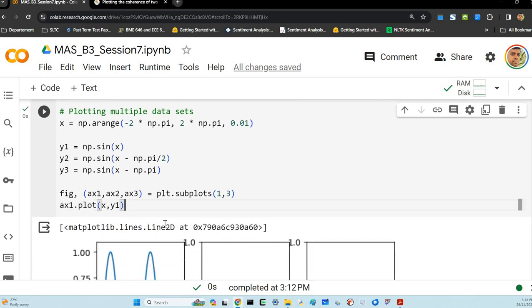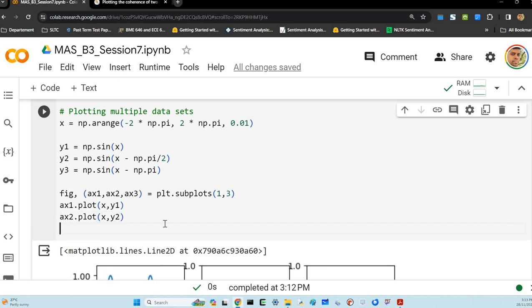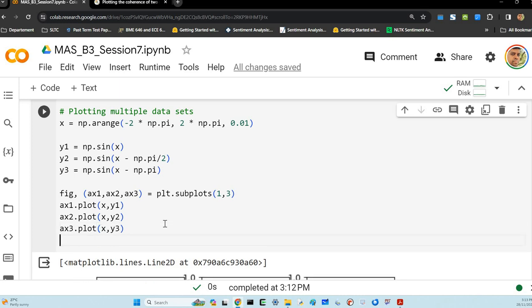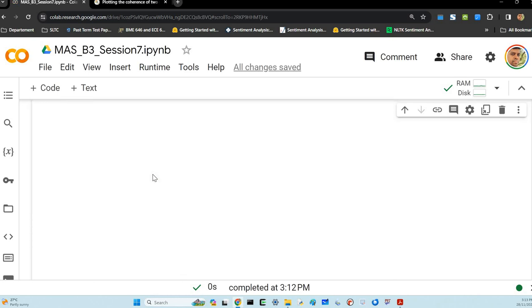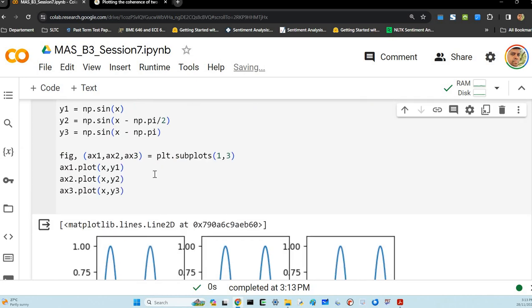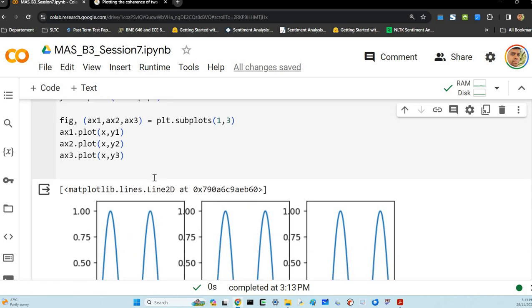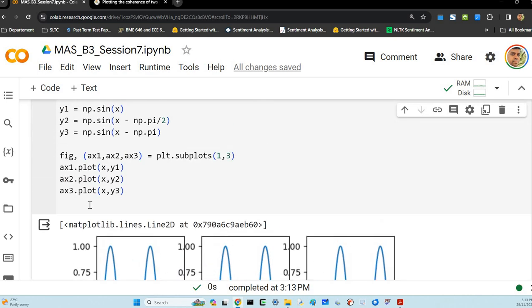Similar to that, we can say ax2 dot plot x comma y2, ax3 plot x comma y3. If you run this, right, you can see now we have 3 graphs, but there are some overlaps.